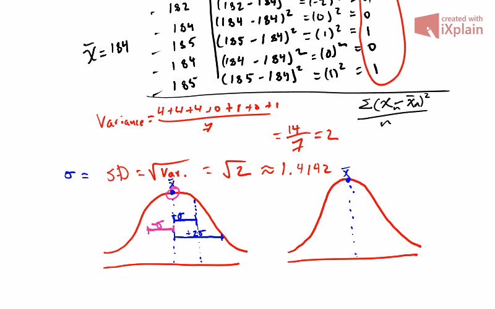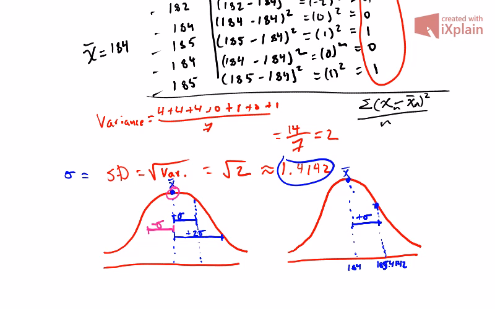Now, for us, we said that our variance was right here. So if I know the mean is 184 centimeters, then I'm going to add one standard deviation, and that would be right here. One standard deviation plus a rho away from the mean would basically be 185.4142, approximately.